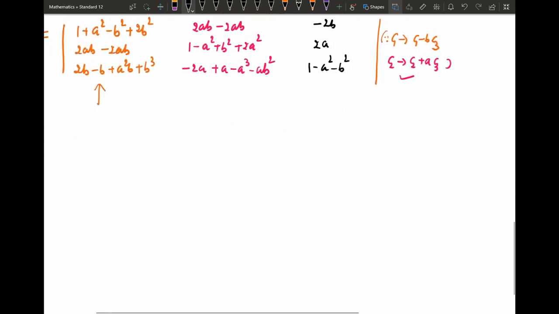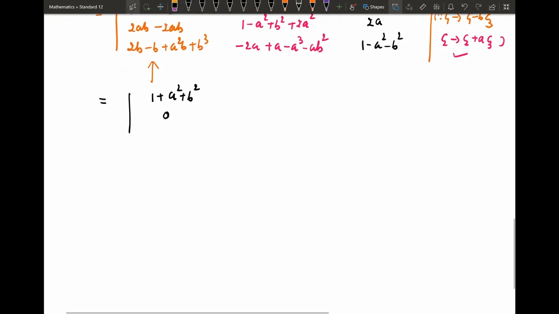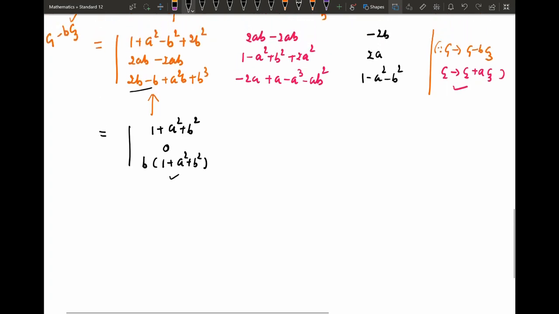So now simplification is, so when we simplify, this is 1 plus a square plus b square, this entry is 0. From 0 we can take anything common. Here 2b minus b, that is b, and if we take b common, into bracket there will be 1 plus a square plus b square. So now you can observe, from first column we can take 1 plus a square plus b square common.